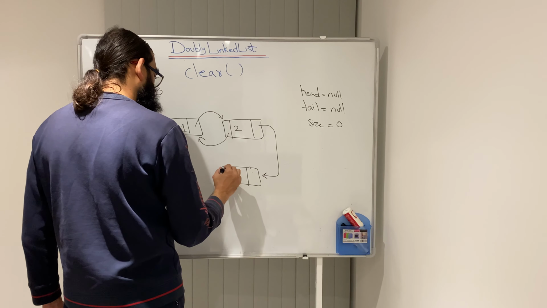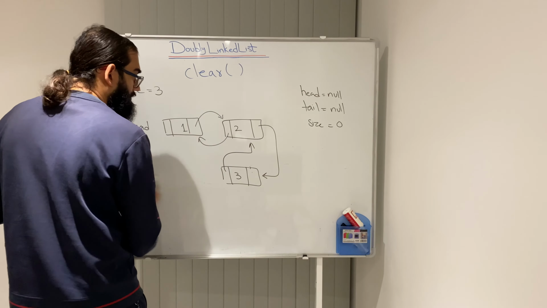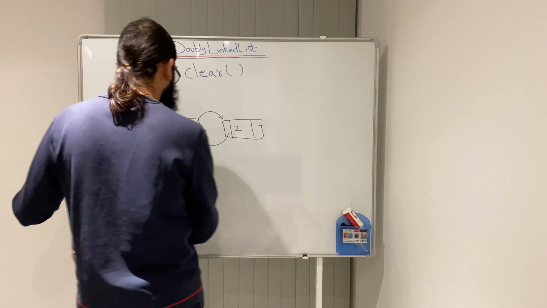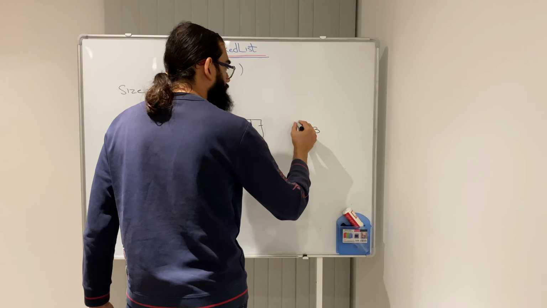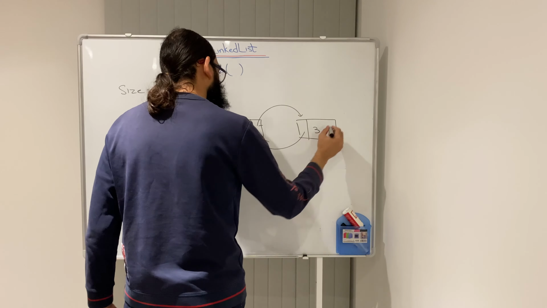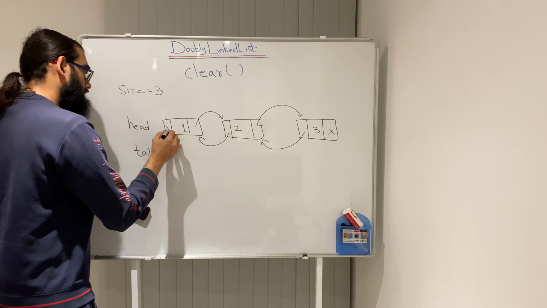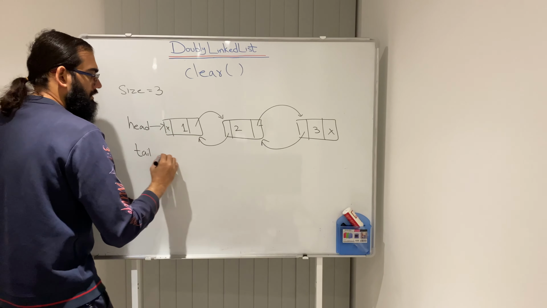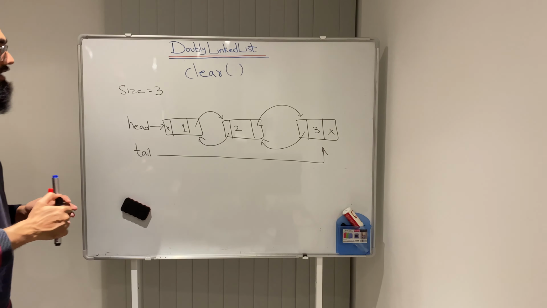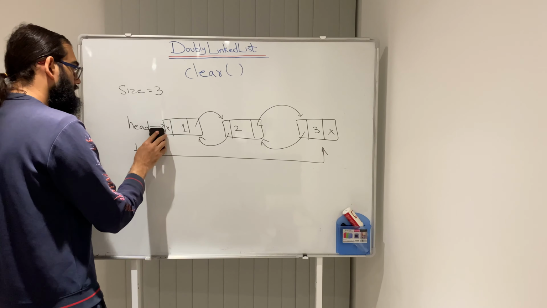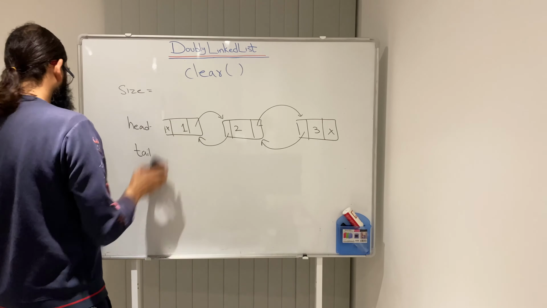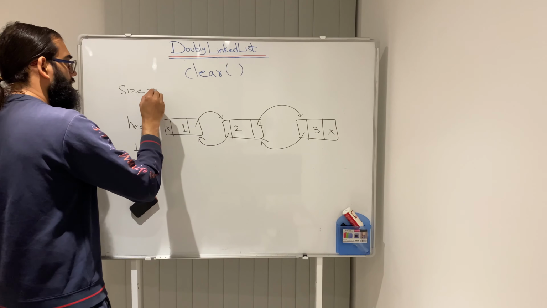Its previous is this, and okay, it may create more confusion, so I will write here. So next and previous, and this one is null, head is there, tail is this, size is 3. So in this case, imagine I'm saying okay, head null, tail null, and size 0. Now what will happen?